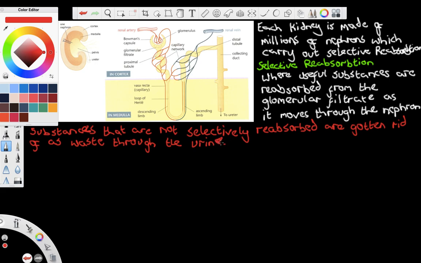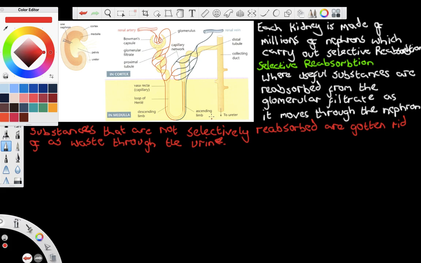Okay. Now, one useful substance that is selectively reabsorbed is water. Okay, water is a very useful substance. It's needed in various reactions, for hydrolysis reactions.